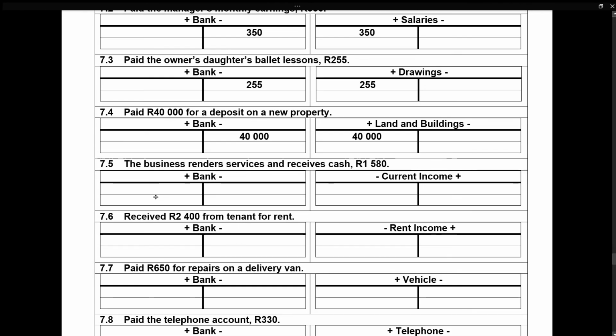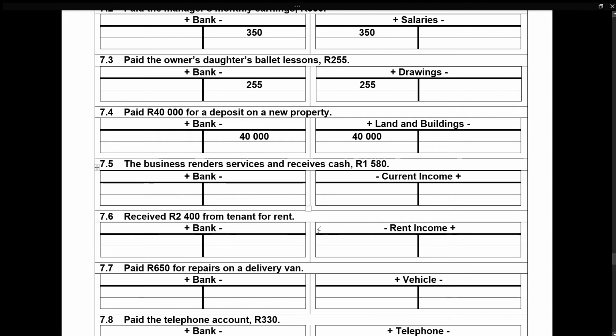7.5. The business renders services and receives cash of 1,580 Rand. Right, so the two accounts we are working with are bank and current income. You can also use fee income. They are the same. Right, so bank is classified as an asset, therefore the signs are plus minus. Current income or fee income is classified as income, and the signs for income are minus plus.